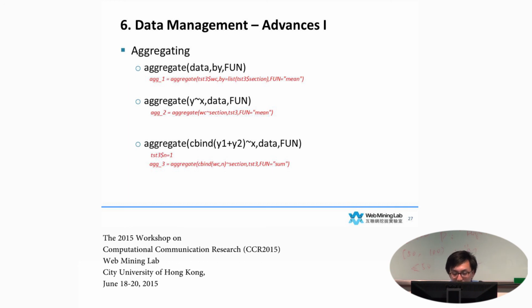Now we're back to aggregate 1, the first data set. We see that each section has a word count average.